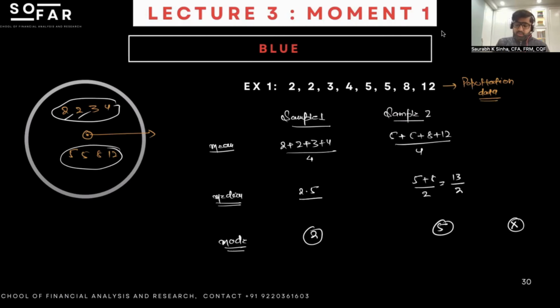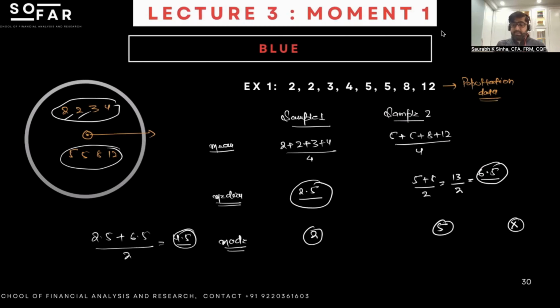Okay, it's 2.5, and this is 6.5. If you take the median of 2.5 and 6.5, the median is 4.5. This is the median of the sample medians, which is 4.5. But what is the population median? The population median is luckily 4.5 in this case.